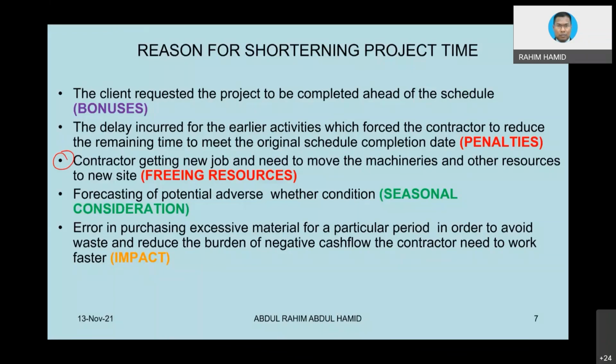That is the strategy. And then number 4, forecasting for potential adverse weather condition. Okay, now let's say we already know in Malaysia, we only have a few seasons, unlike other country. Other country, they have 4 seasons, isn't it?